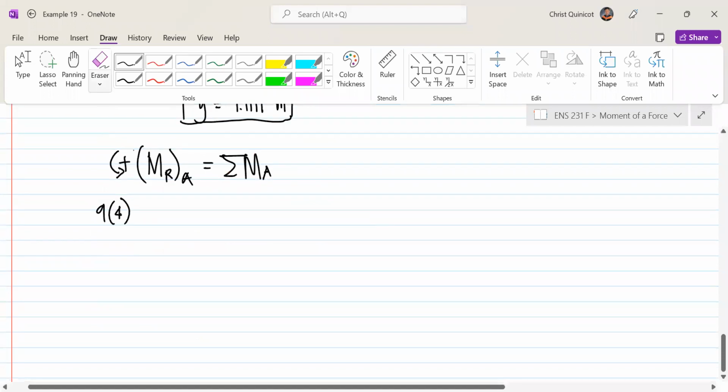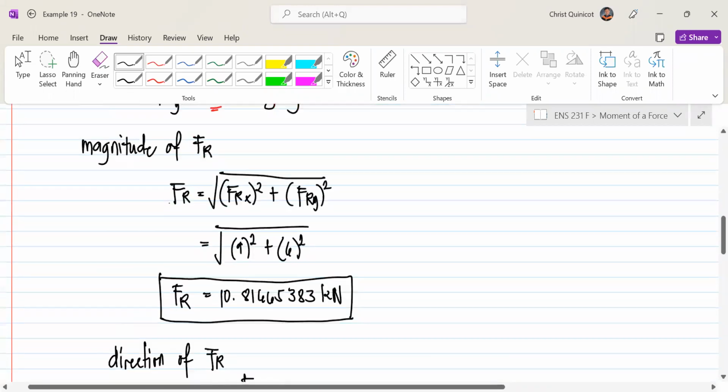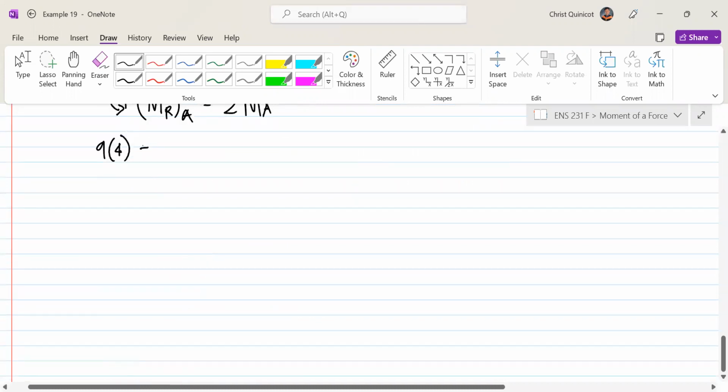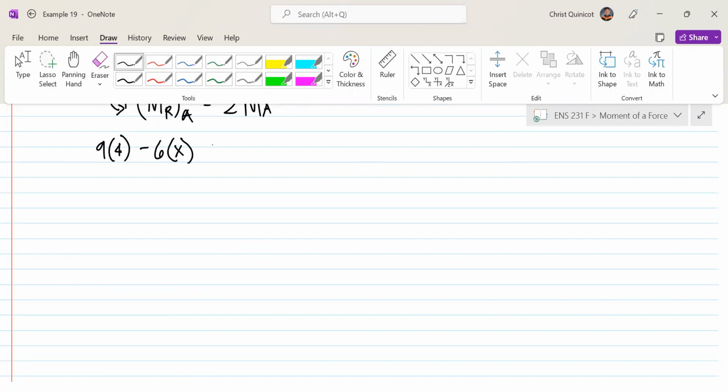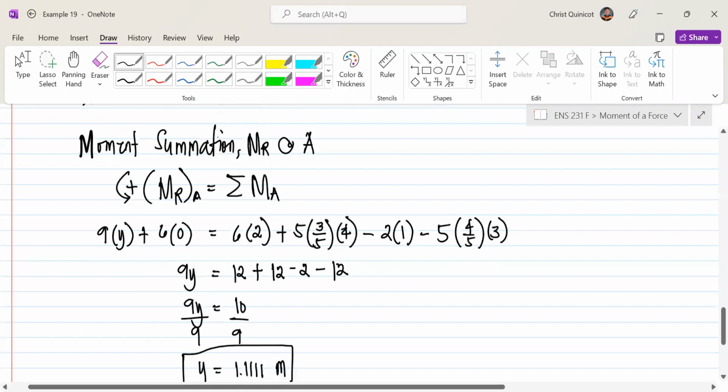So this is minus our F sub Ry, which is 6 times x, the perpendicular distance from A.